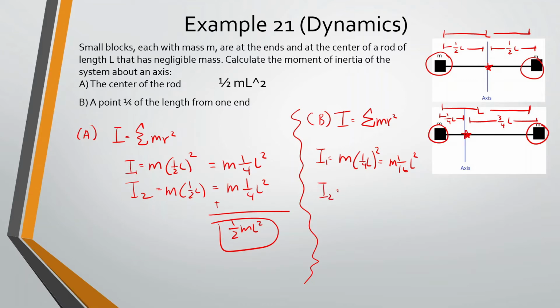So I2 is equal to m times 3/4 L squared, which is equal to m 9/16 L squared. So what is this going to give us? If we add these two together, we get 10/16 mL squared. You can simplify this a bit.